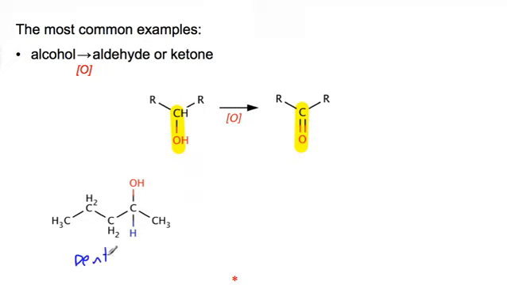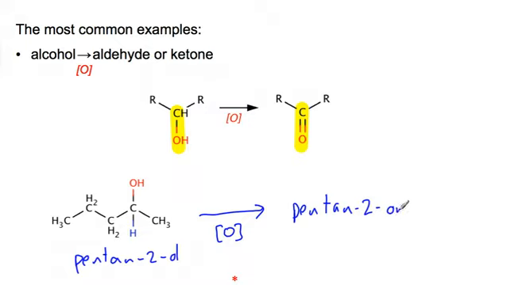So this is pentan-2-ol, and pentan-2-ol then gets oxidized to pentan-2-one, a ketone. So a secondary alcohol with the functional group on a carbon within the chain gives rise to a ketone.